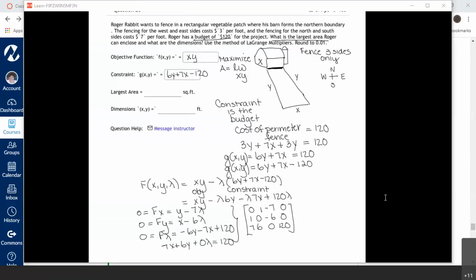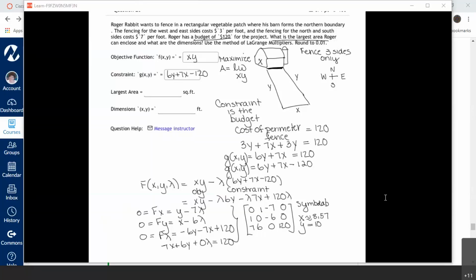Then you can put this in Symbolab to solve it, and it'll basically give you values. It'll say x is approximately 8.57, y is approximately 10. It's actually equal to 10 on the nose. And lambda, they don't care about.